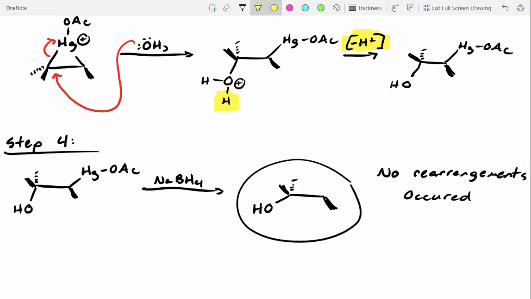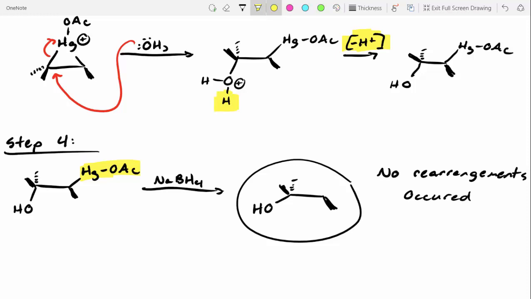I just wanted to know why you chose to take off the HG part. Is it just because that's the product you chose, or is there a reason? So are you saying why did we lose this part down here? Yes, exactly. The chemists that developed this reaction purposely wanted to make a reaction that resulted in the oxygen getting added into the position that didn't undergo rearrangement at all.